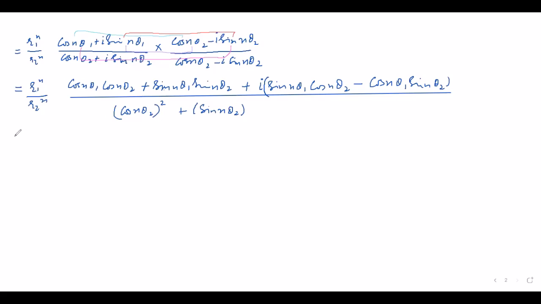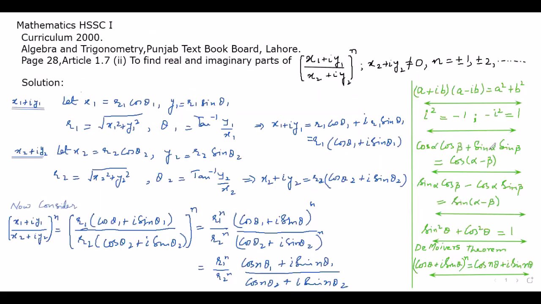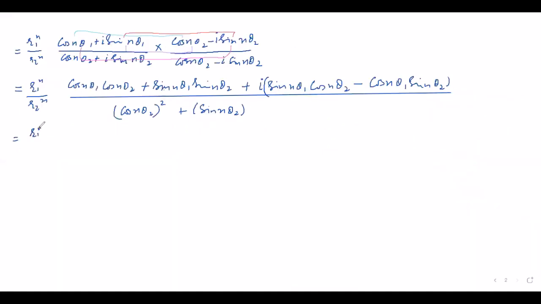Now we compare these results with what we have studied here. Cos alpha cos beta plus sin alpha sin beta is equal to cos of alpha minus beta, and sin alpha cos beta minus cos alpha sin beta is equal to sin of alpha minus beta. So let's come here and we get R1n, R2n times cos of n theta 1 minus n theta 2.